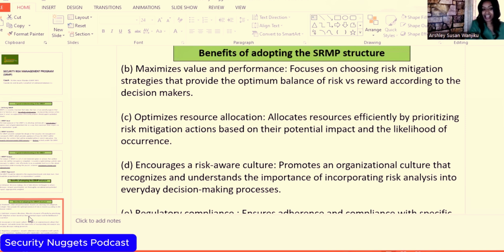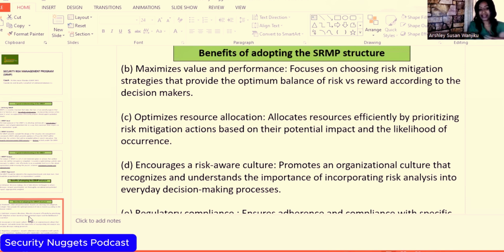Again, you're also making sure that the decision you make is very much aligned with the organization's risk appetite. Are we going to choose this mitigation action plan because our organization has a low risk appetite, a low tolerance for certain risks? Or are we going to choose this risk mitigation or treatment plan because our organization has a high risk appetite?